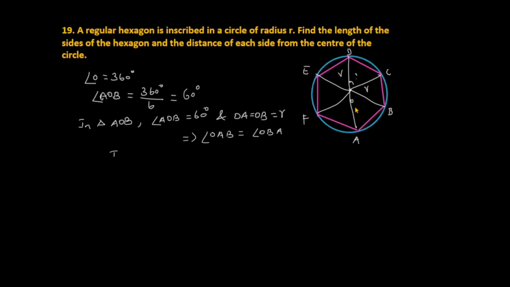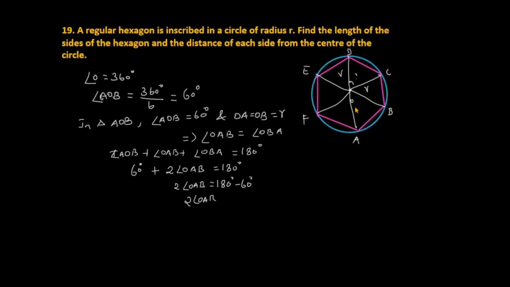So in the same triangle, applying the angle sum property, angle AOB plus angle OAB plus angle OBA is equal to 180 degrees. Angle AOB is 60 degrees. These two angles are the same. So twice angle OAB is equal to 180 minus 60, which is 120 degrees.